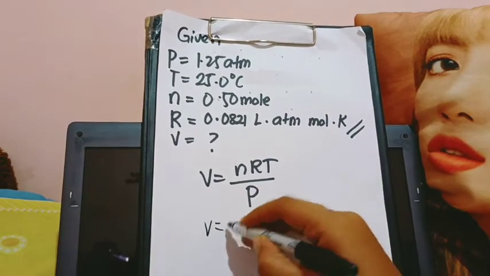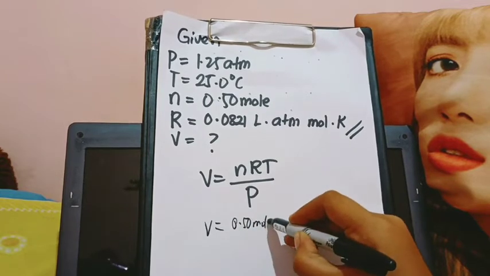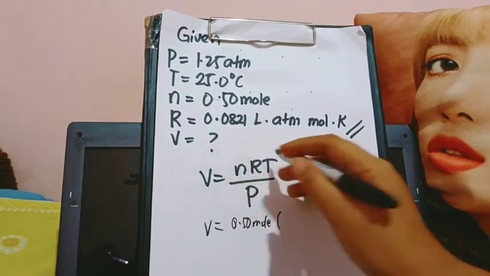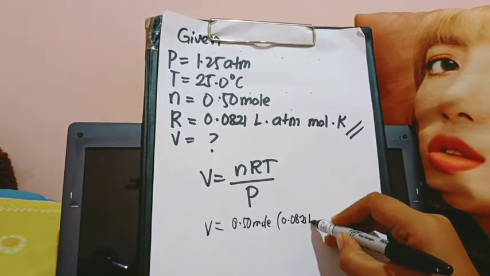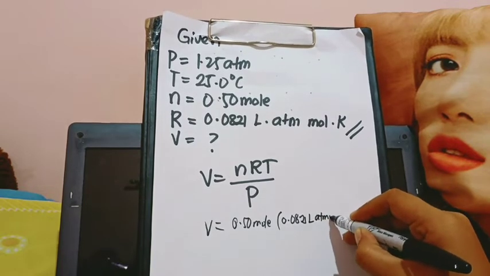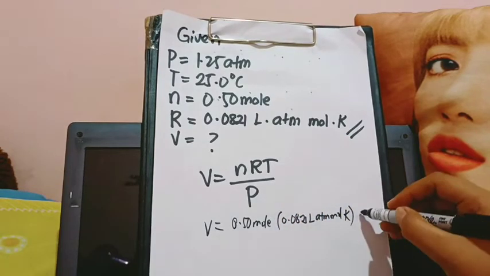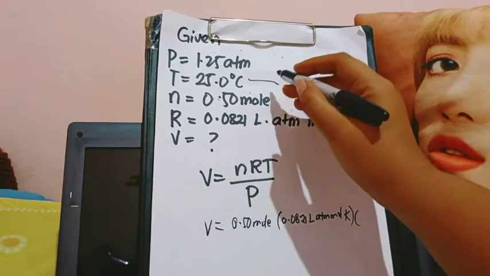So V is equal to n, which is 0.50 mole, times R, which is 0.0821 liter atm per mole Kelvin, times T, which is 25 degrees Celsius. So let's convert 25 to Kelvin.